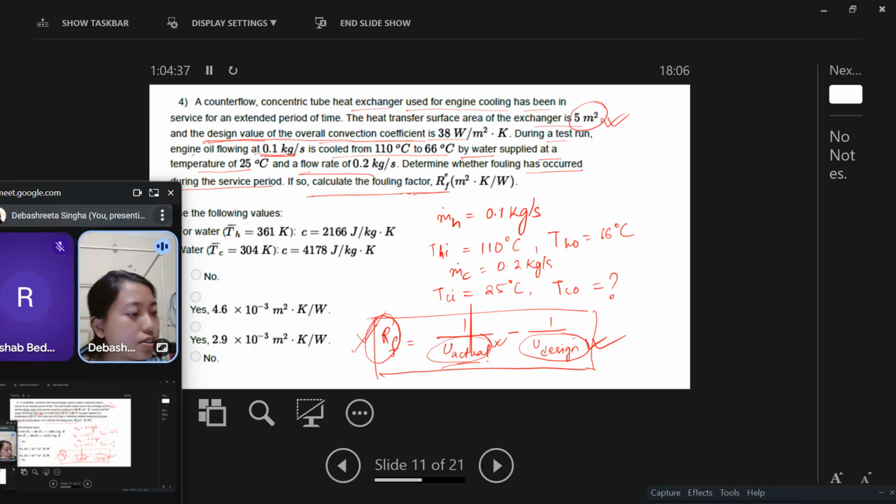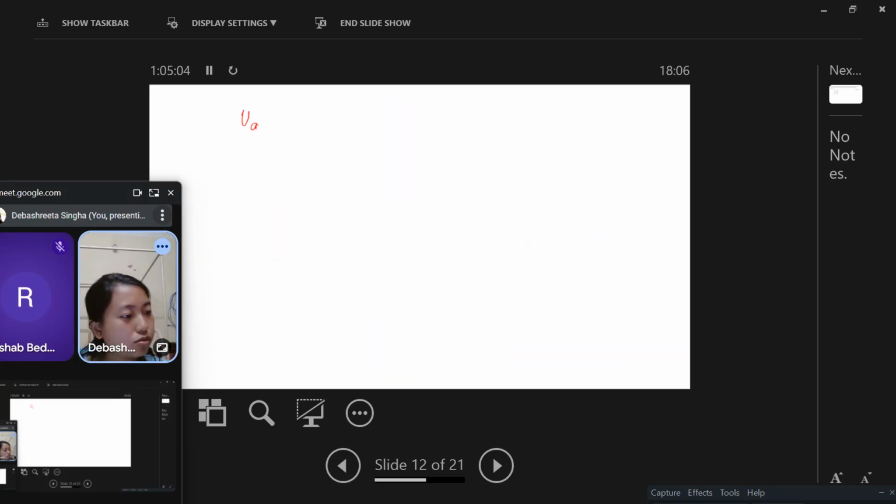The thing here is that it is directly given as counter flow. So directly you have to find out delta T LMTD. You don't have to multiply with the correction factor since it is not shell and tube. So directly you calculate delta T LMTD, and from there you calculate this U. U is Q divided by A delta T LMTD.